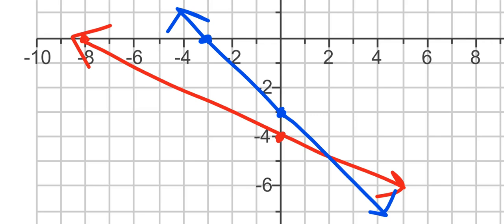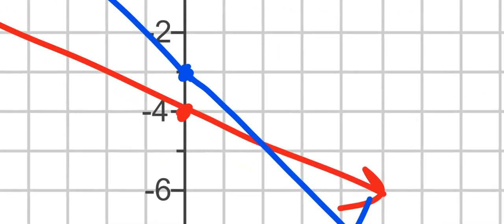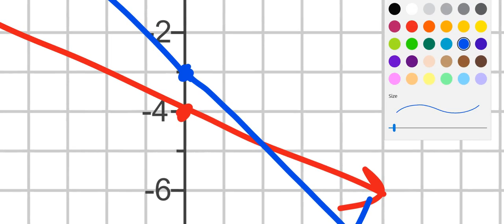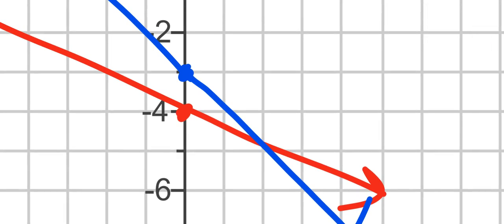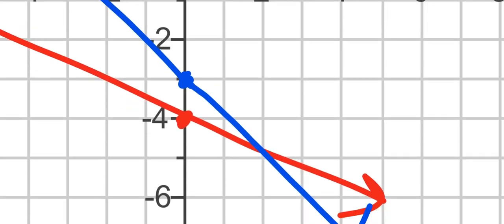Does it look like I'm an excellent drawer? Have I drawn that really well? No, probably not. It almost looks like the intersection points are fractional values. Folks, we are not going to be that cruel. It was supposed to cross right there.